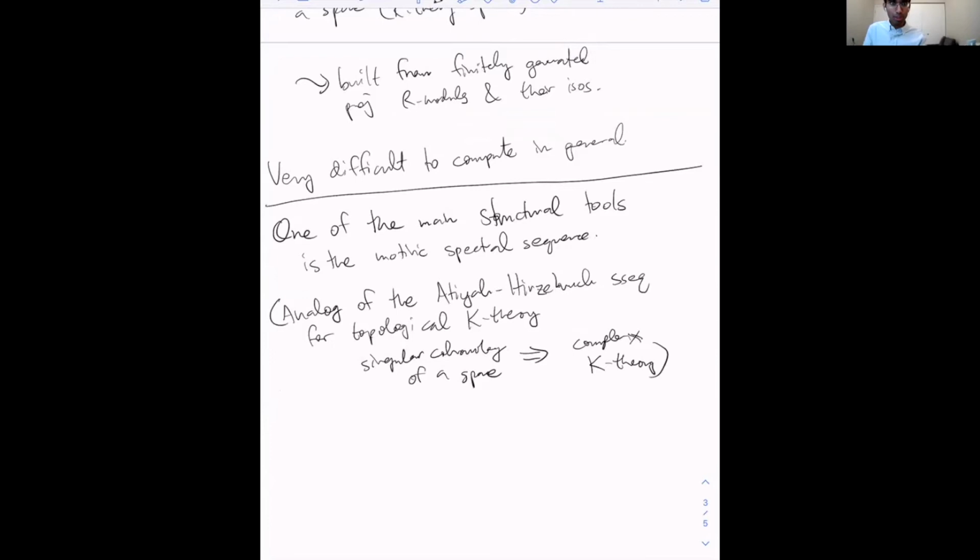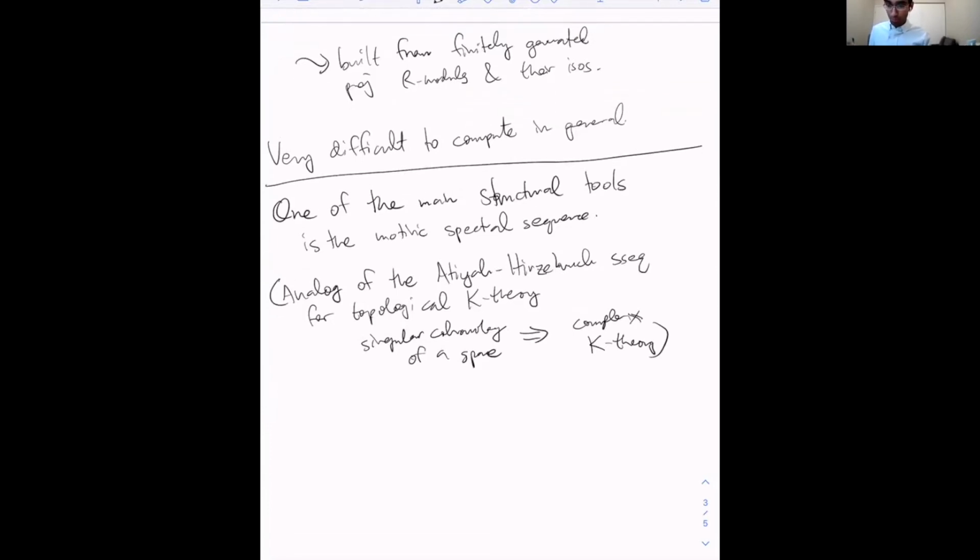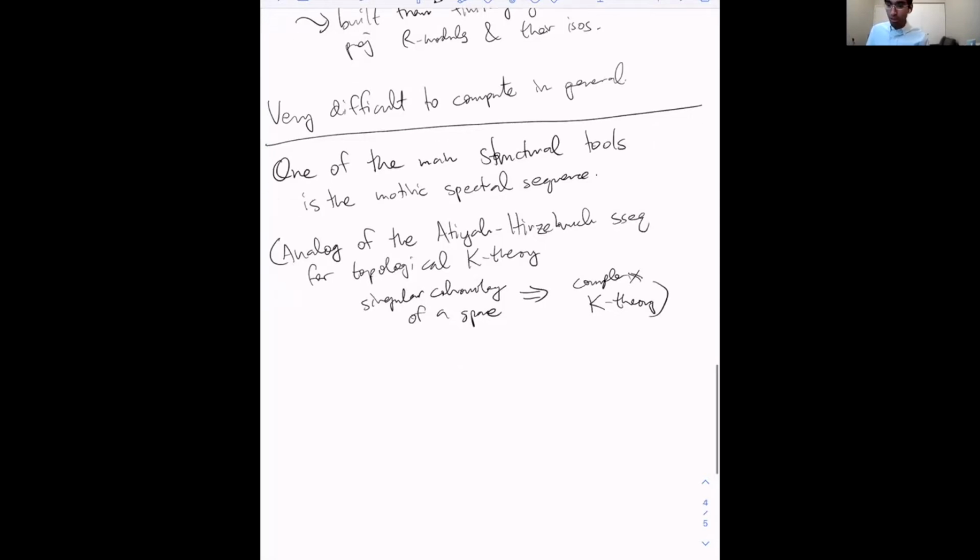It's supposed to be of similar great computational power. Maybe one difference is that in algebraic topology, singular cohomology comes way before K-theory, but it's the reverse historically in this setting. K-theory came first, and the analog of singular cohomology came a lot later. Okay, so let me say a little bit about this Motivic spectral sequence.